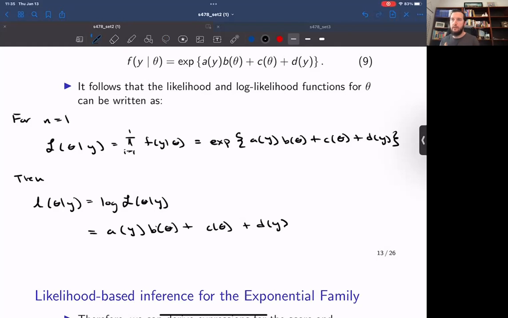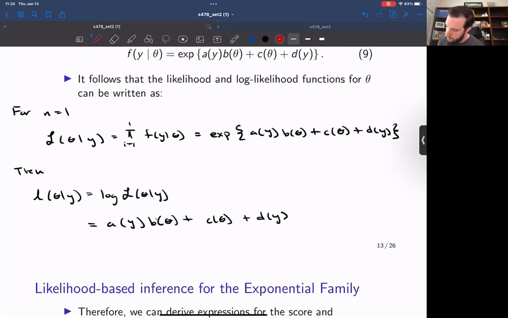If we have n observations in the data set, it doesn't overly change this expression. It just means that we're going to have a summation sitting out front of A of y and D of y, and we would have a constant sitting out in front of C of theta.